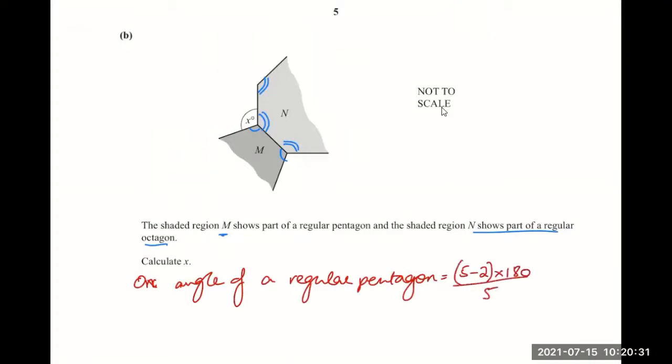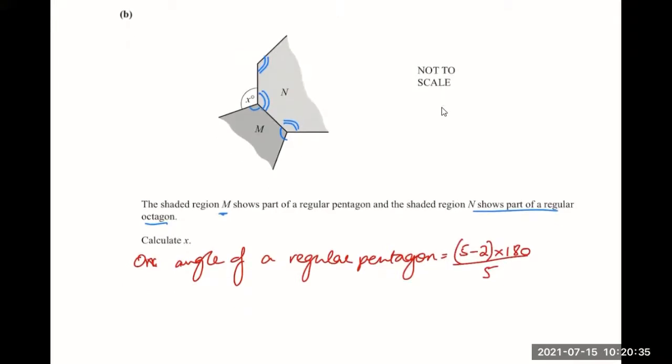Divide by 5. So if you remember the formulas, you'll be able to do the questions correctly. It's just about remembering a simple bunch of formulas for you to calculate. One angle of a regular octagon.